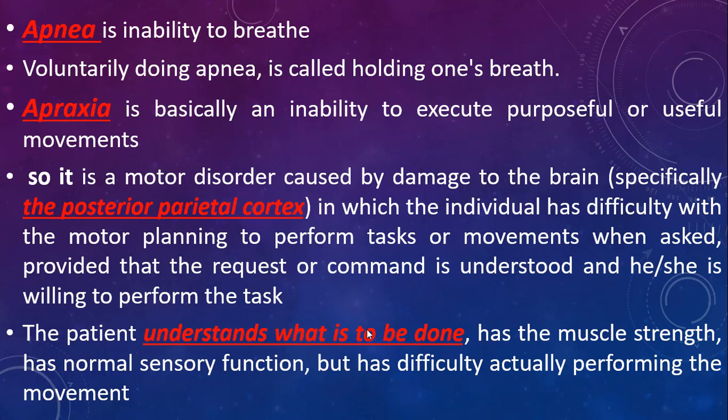The patient understands what is to be done, has the muscle strength, has normal sensory function, but has difficulty actually performing the movement. The problem is only in performing the movement, which is mainly in the posterior parietal cortex.